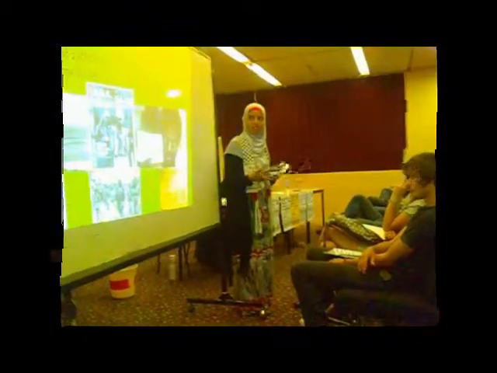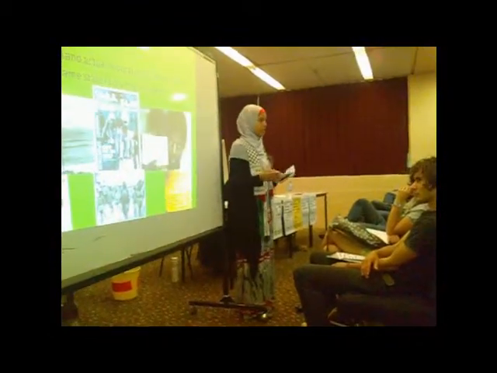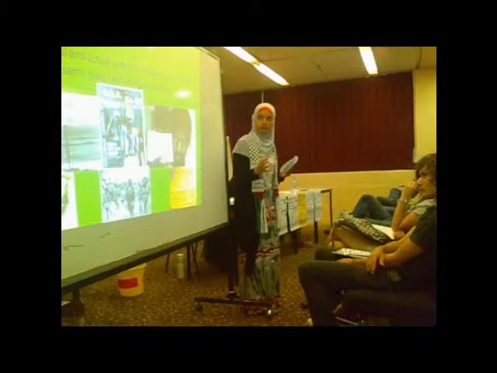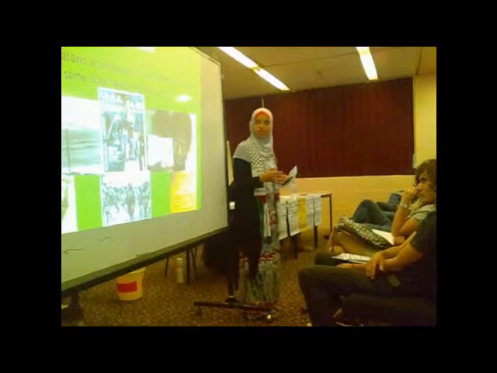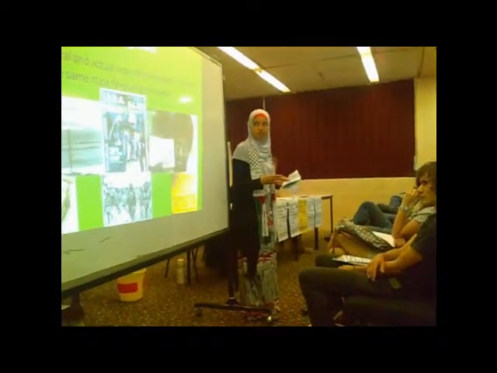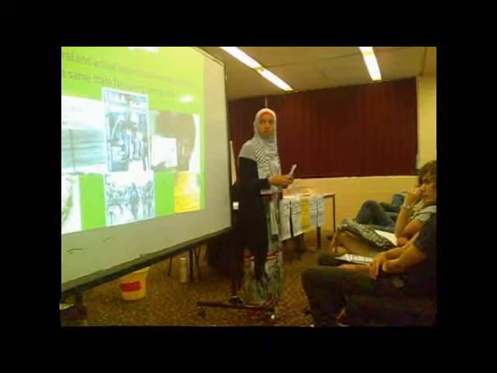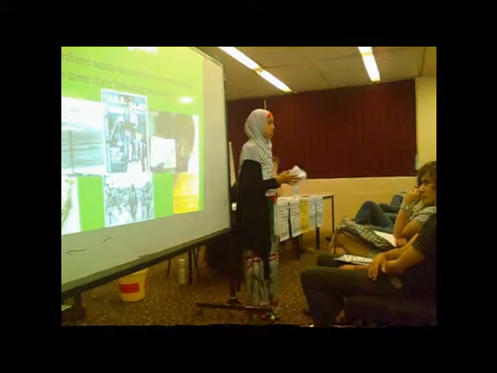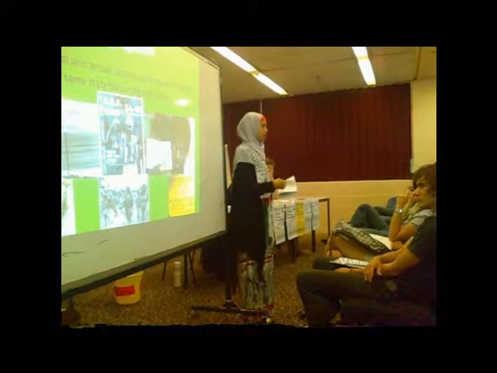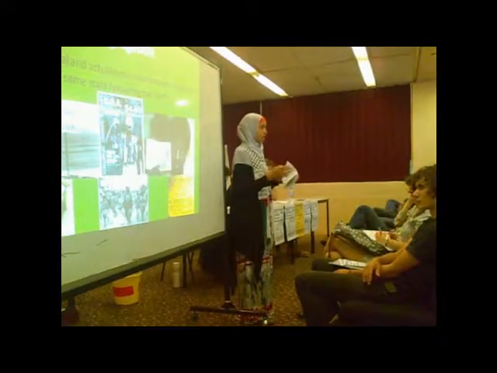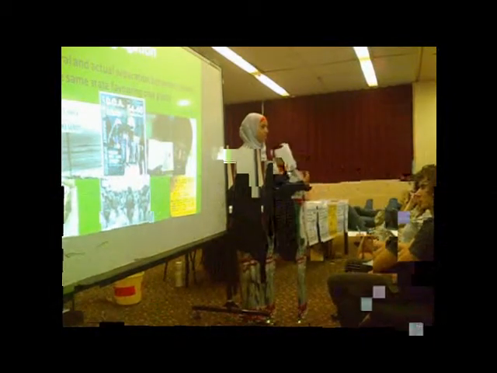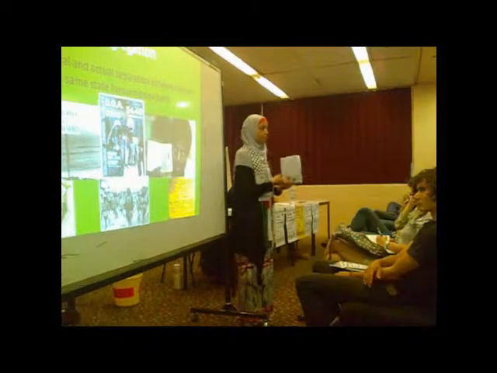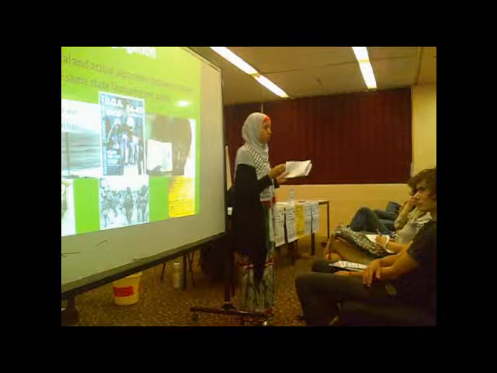When we go on to segregation, we can see that there's structural segregation and there's actual separation between the citizens of the same state, favoring one party. In South Africa, when we talk about structural segregation, the laws favored the white people, and the other races, the blacks, the Indians, and the colored people, were treated differently by the law.